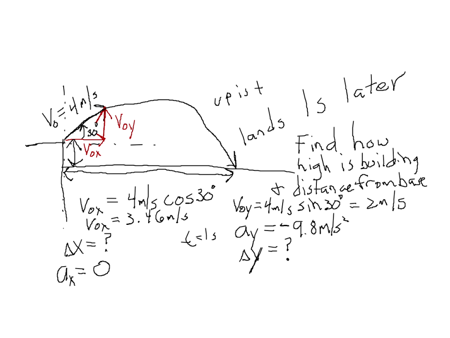Let's write down the kinematic equations, and then I'll show you how to use them for both horizontal and vertical motion at the same time. So we have delta x equals v0 t plus 1/2 a t squared.